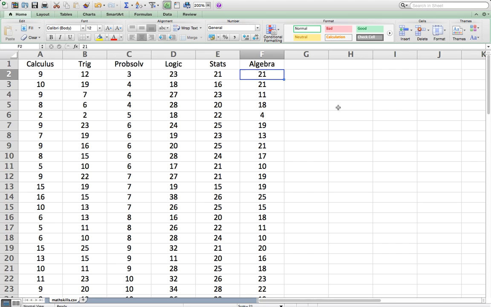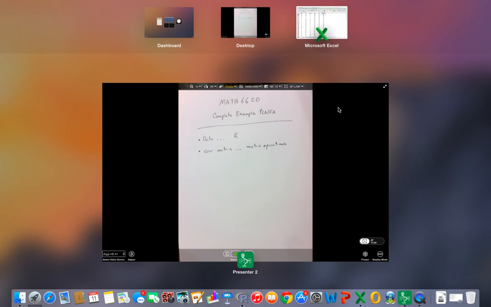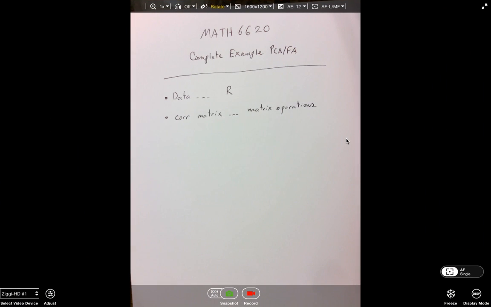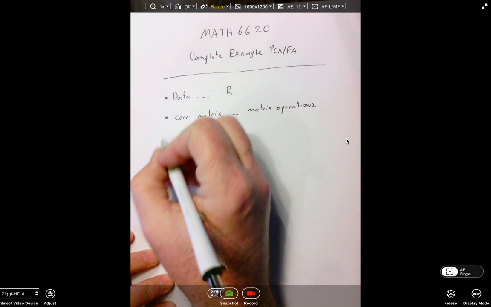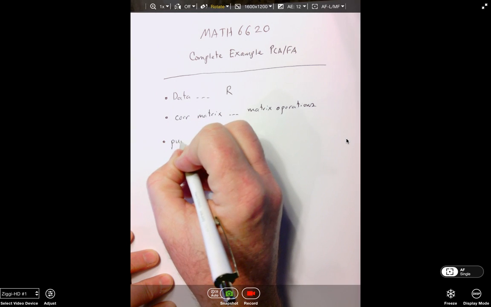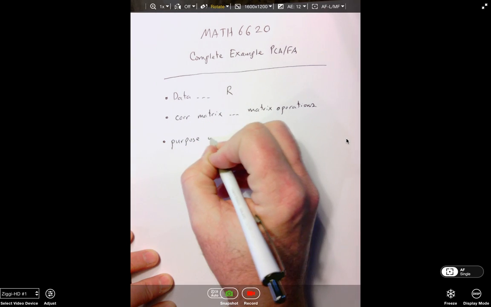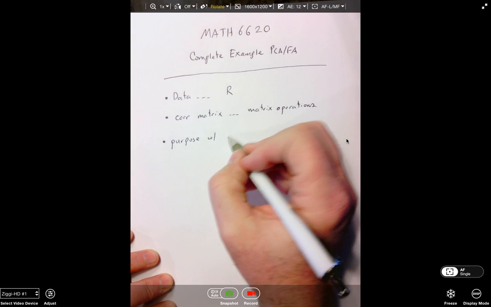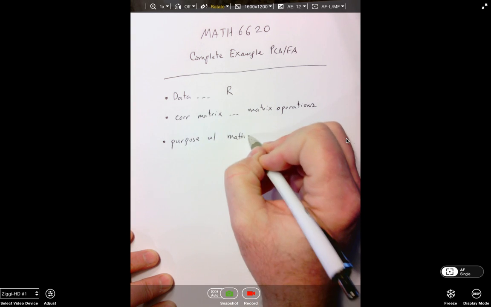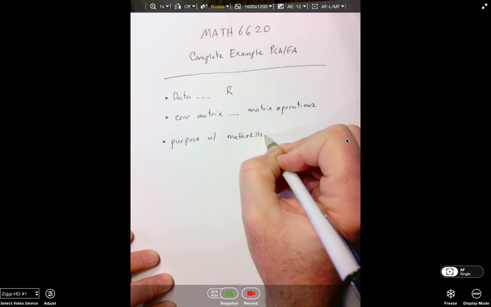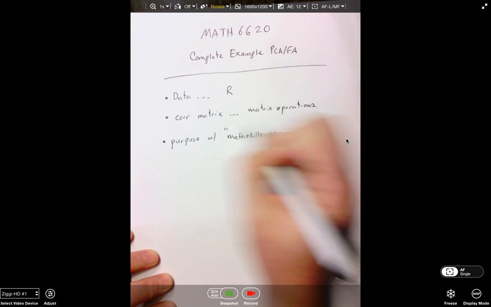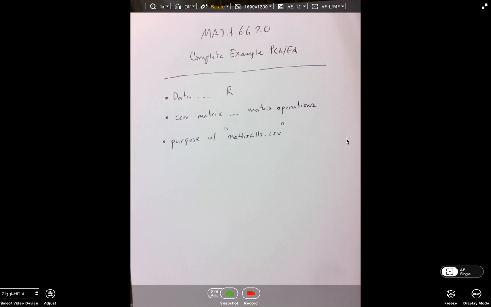Now, the purpose of principal component analysis and factor analysis here is kind of twofold. First of all, I'd like to examine this, so I'm going to go back to this. So our purpose is twofold. And I think I called this math skills.csv, and I think that's the way it's presented on Blackboard.